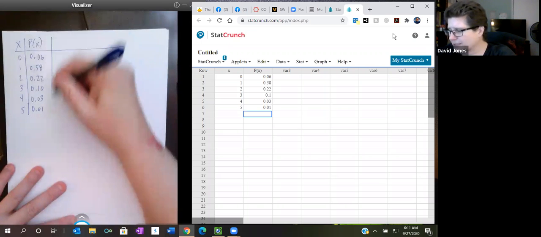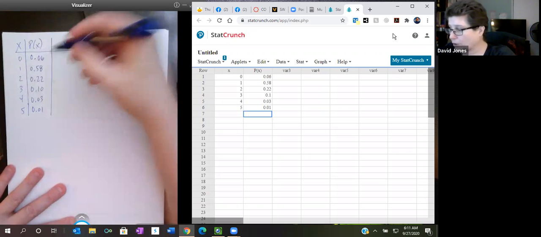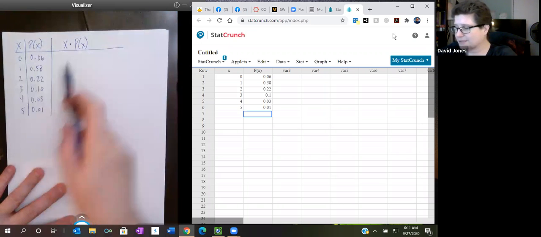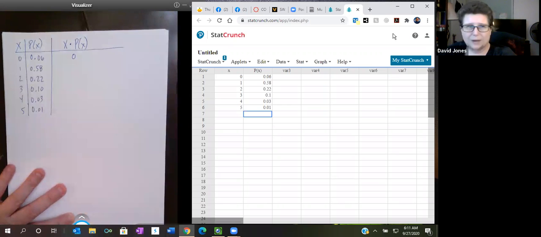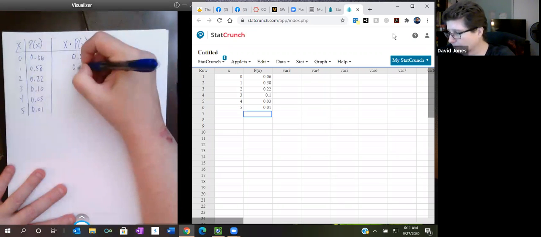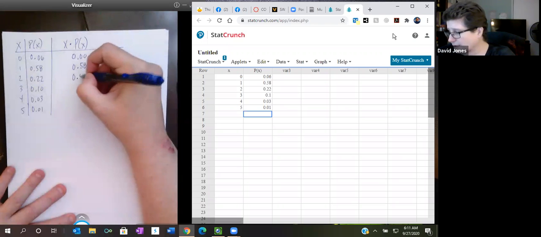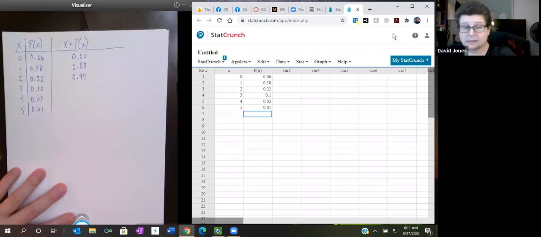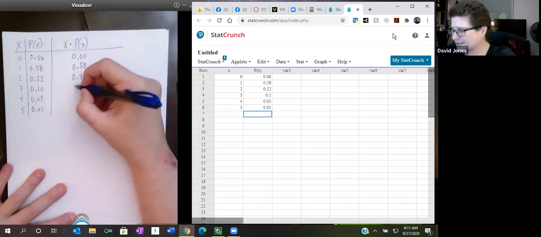Now I'm going to multiply X times P of X, multiplying across, left to right. 0 times 0.06 is 0. 1 times 0.58 is 0.58. 2 times 0.22 is 0.44. 3 times 0.1, or 3 times 10 cents, is 30 cents, 0.30.